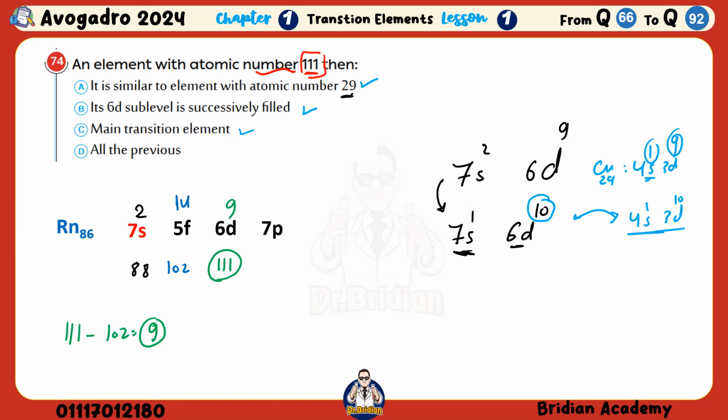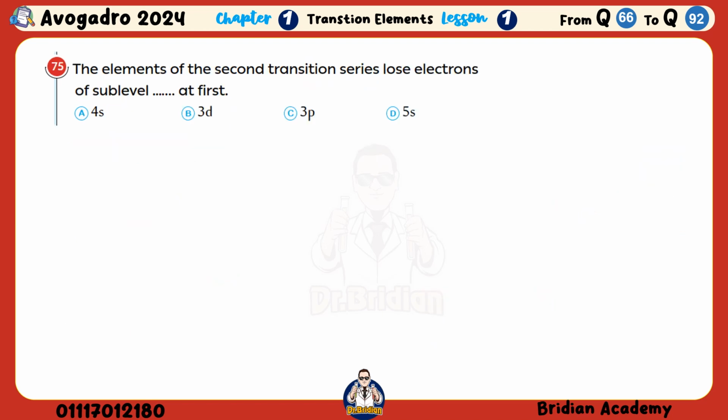Yes, as we mentioned before in the preceding questions, when you have 5f completely filled and d orbitals successfully filled from 1 to 9 or to 10, it belongs to main transition elements. So correctly, this element belongs to main transition elements, so all the previous are correct, so we will choose letter D.